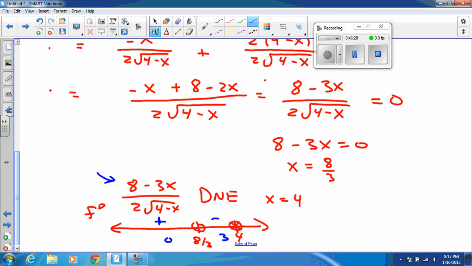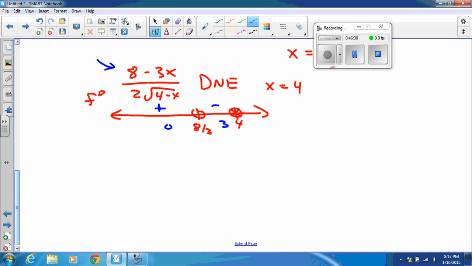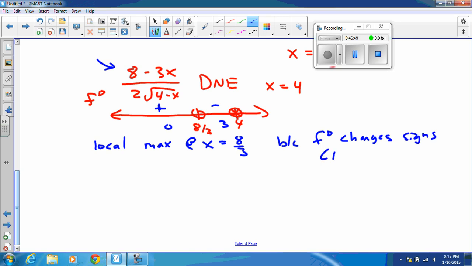And if I plug in a value of x that is less than 8/3, let's say 0, and plug that into our f prime here, then I get a positive divided by a positive is positive. And if I plug in a value, let's say 3, that is greater than 8/3, then I get a negative value divided by a positive, so that my f prime looks like so.